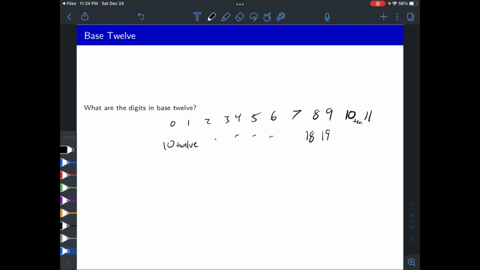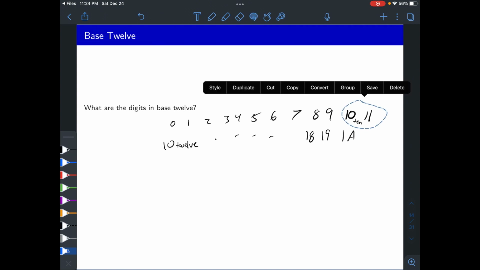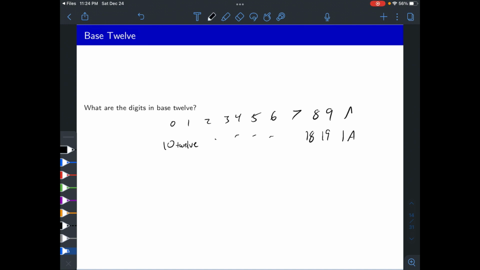You need another digit. And that digit, we're just going to use letters, because why not? So we'll use the letter A to represent 10 and the letter B to represent 11. A represents 10, B represents 11.